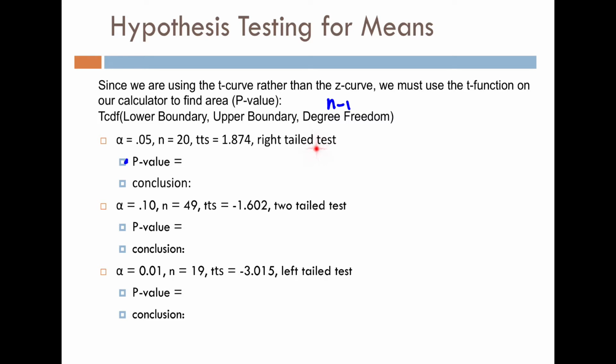If you recall, the alternative hypothesis symbol determines which type of test we have. So we would assume we have a greater than symbol in the alternative hypothesis. So the challenge here is to find the p-value. I'm just going to draw a quick representation of this.